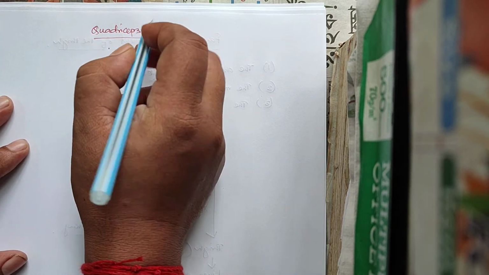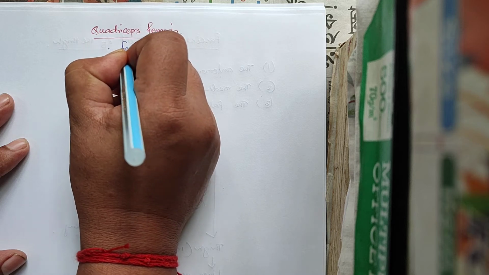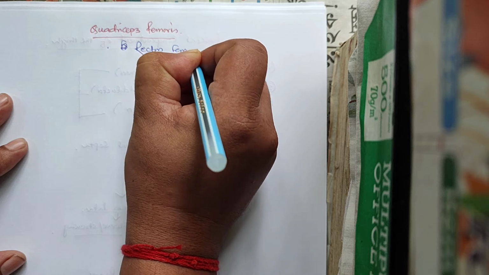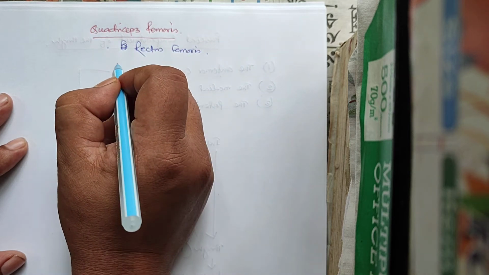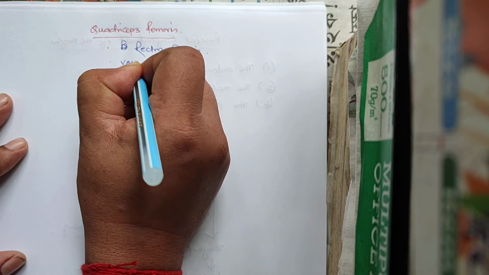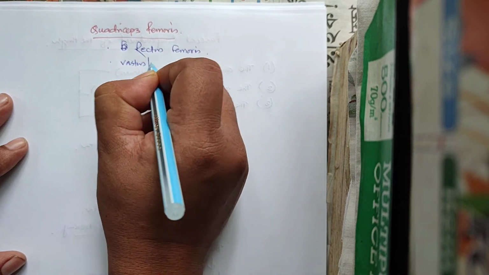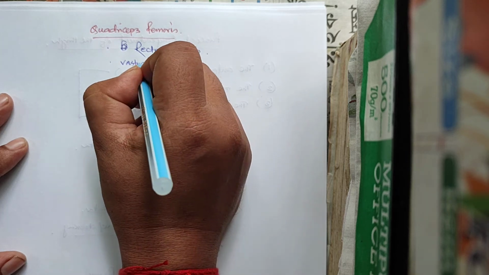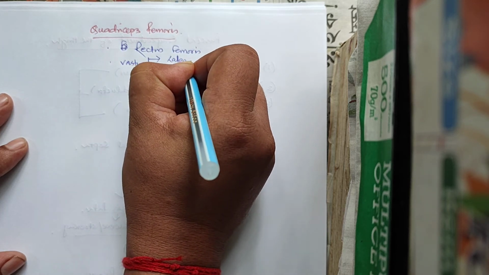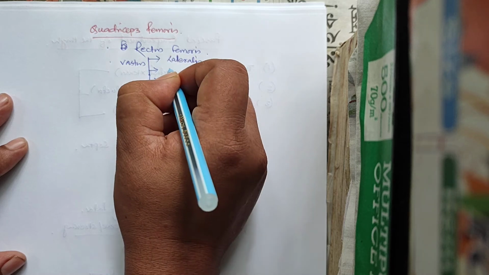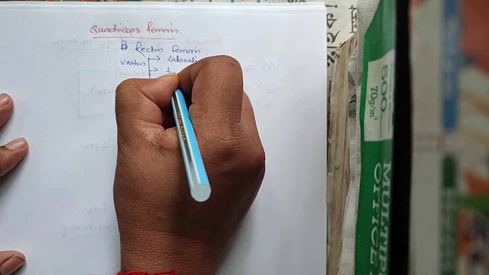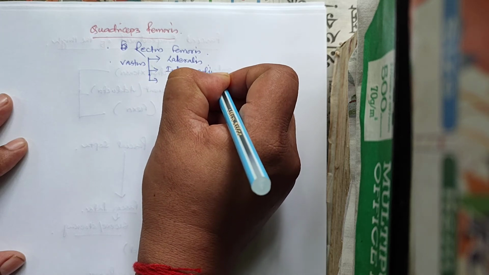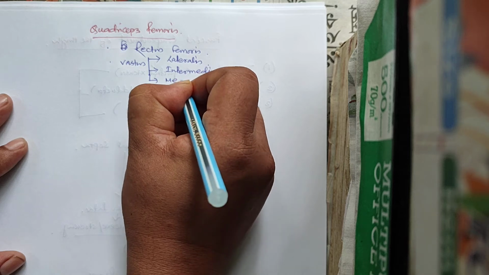The first one is the rectus femoris muscle. Next, the vastus group of muscles, and there are three muscles of the vastus group: vastus lateralis, vastus intermedius, and vastus medialis.